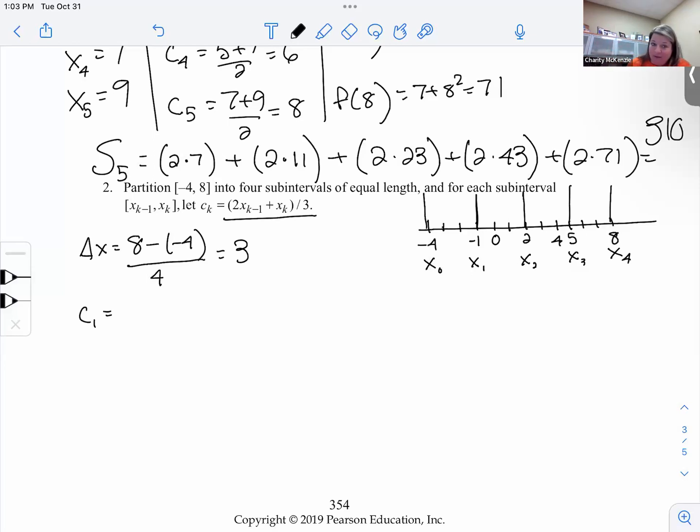But that's what we're going to follow. So we're going to do 2 times the first number, which is -4. You don't have to have the parenthesis. Plus the next number, which we said is -1, and divide that by 3. And we're going to get a pretty number of -3.